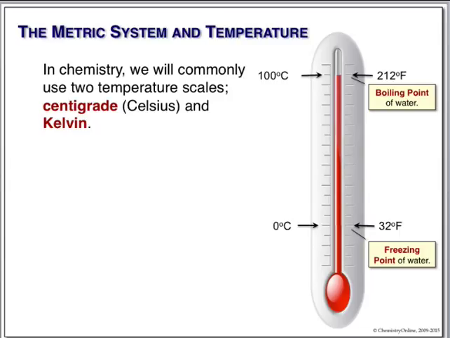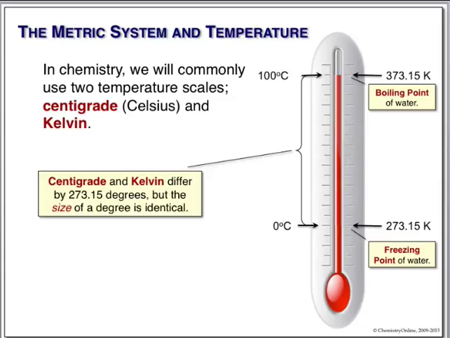There's one other scale that we will use when we do gas laws. This scale is actually anchored at what we will see is absolute 0. But the Kelvin scale is called.